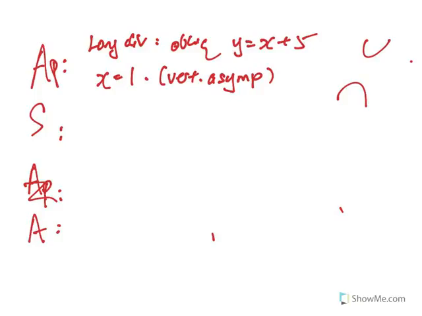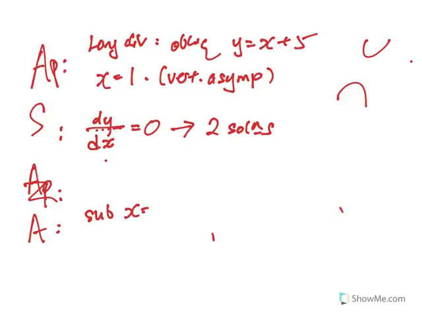Then how to find a stationary point? dy/dx. By your dy/dx, you will get dy/dx equals 0. How many solutions will you get? 2. You'll get 2 solutions. So this will tell you that your graph has 1, 2 turning points. Then here, sub x equals to 0, find your y-intercept.